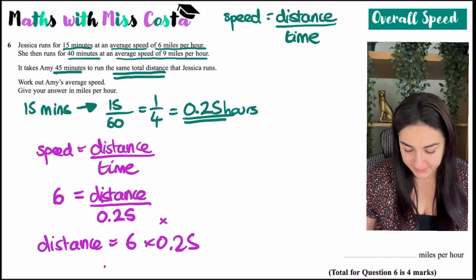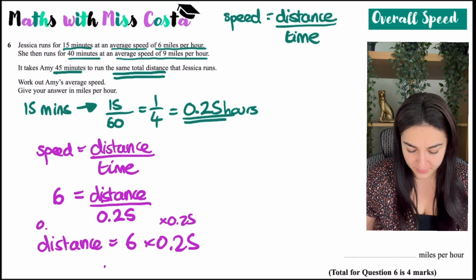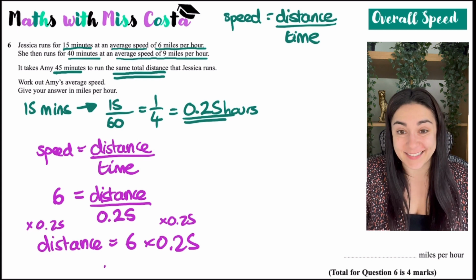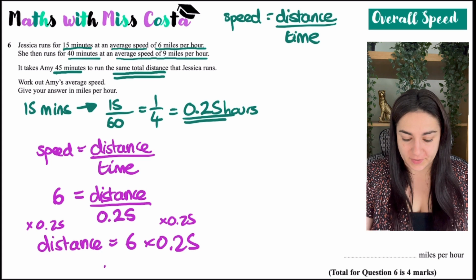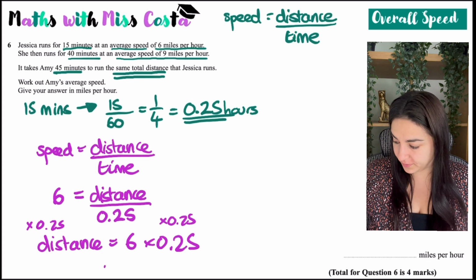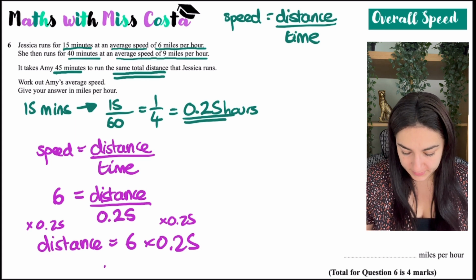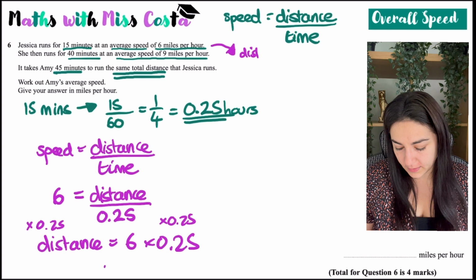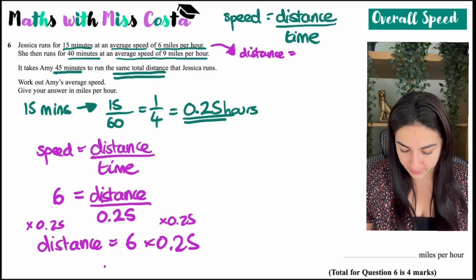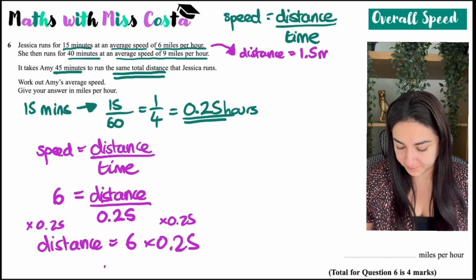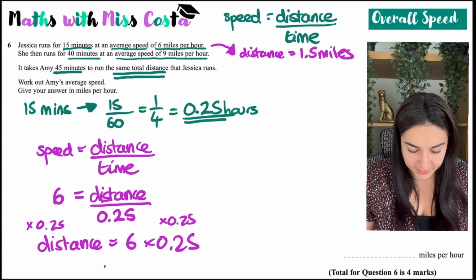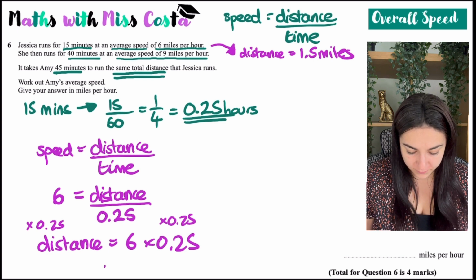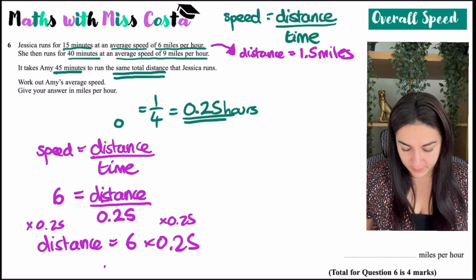I just multiply both sides by 0.25 in order to get the distance as the subject of the formula. So 6 times by 0.25 is 3 over 2. So the distance is 1.5 miles.